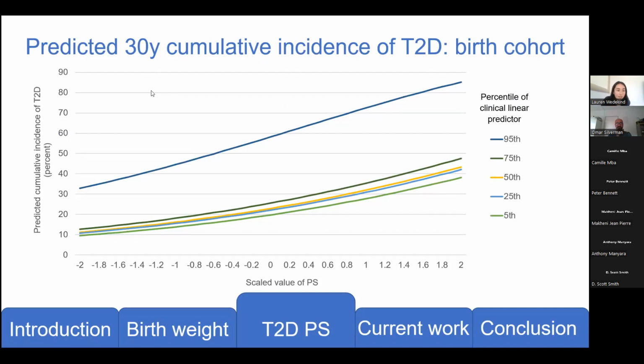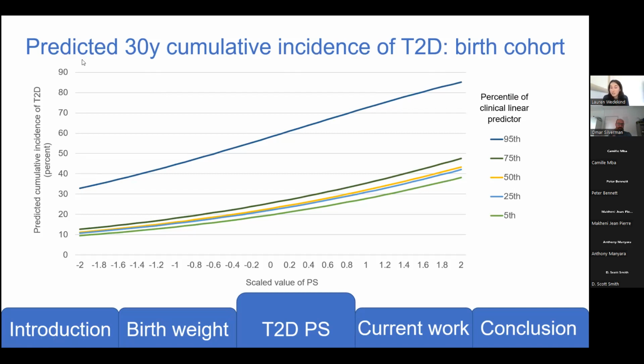And then going on here, I've plotted basically a summary, a scaled value of the polygenic score, and then differentiated based on a summary of clinical variables in percentile groups. So 5th up to 95th in this little legend here, and then plotted that against the predictive cumulative incidence of type 2 diabetes.